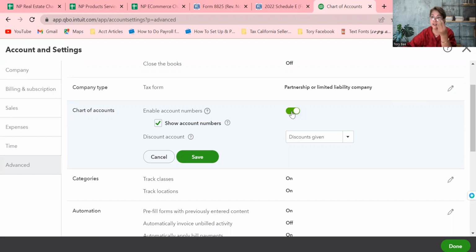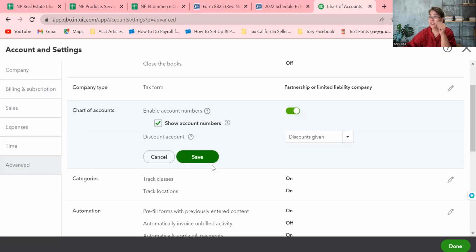We can easily locate the account and sort it. So you always have to click this, because a chart of accounts is not a chart of accounts without account numbers. My gosh, don't make your life so difficult.